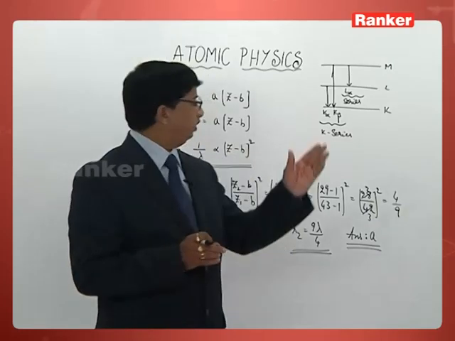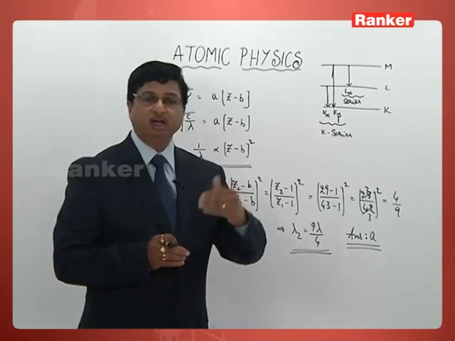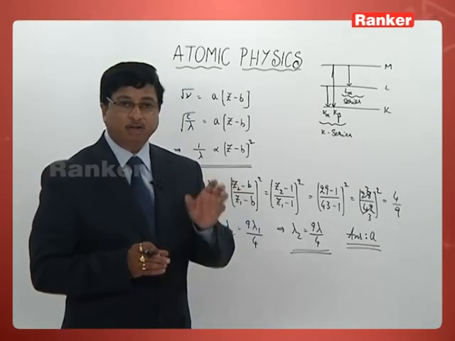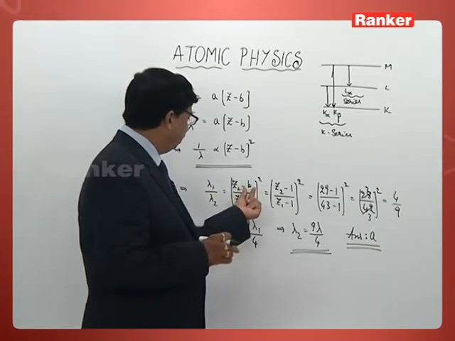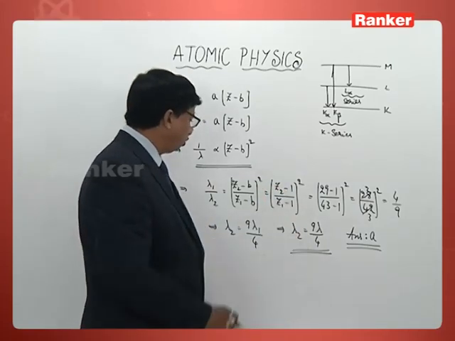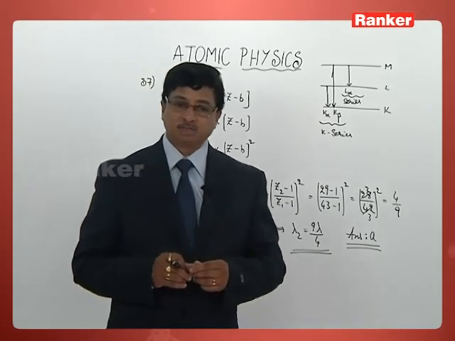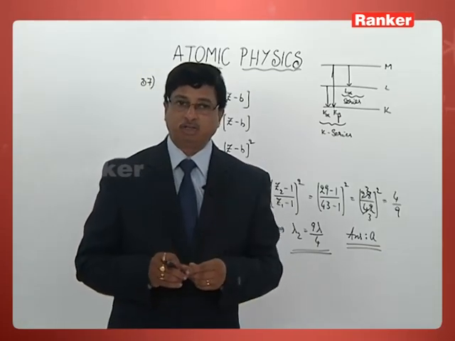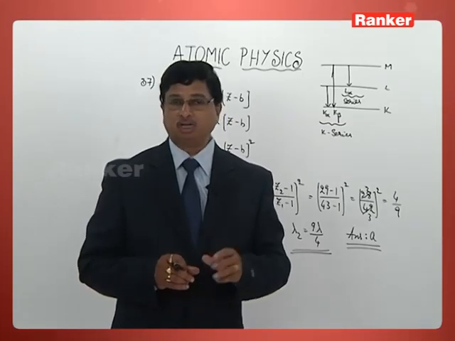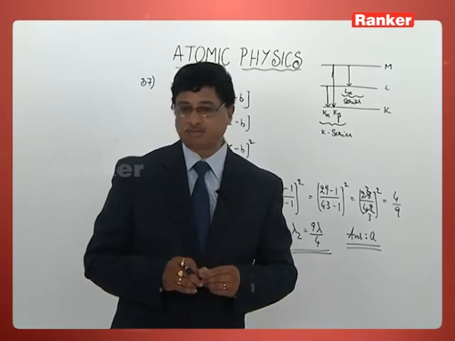Like from L to K it is K alpha, M to K it is K beta, and so on. For K series, the value of b will be taken as 1, and accordingly we have got lambda 2 equal to 9 lambda by 4 as the correct option, and that tallies with the very first option given, that is A. Right? This is problem number 37 for us.